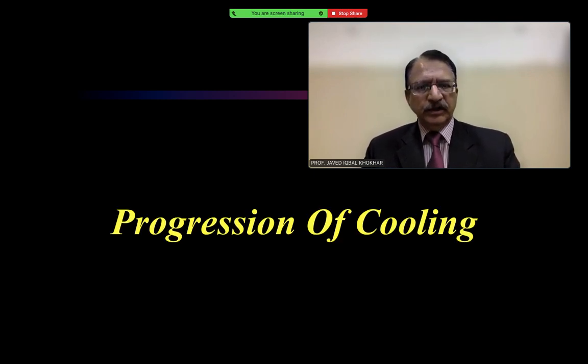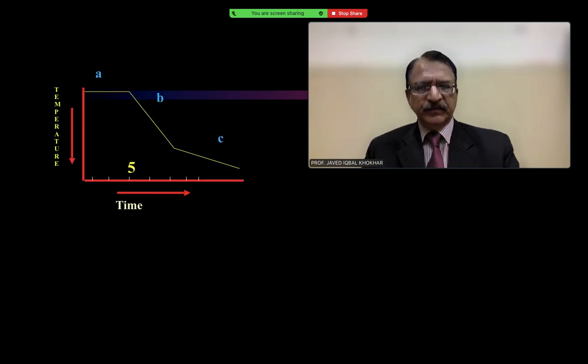Now how does the cooling progress? You can see this graph is a sigmoid shape. Initially A is showing a flat line, that the body is maintaining its temperature for a few hours, then B, that there is a rapid fall, and then C, showing the slower fall.